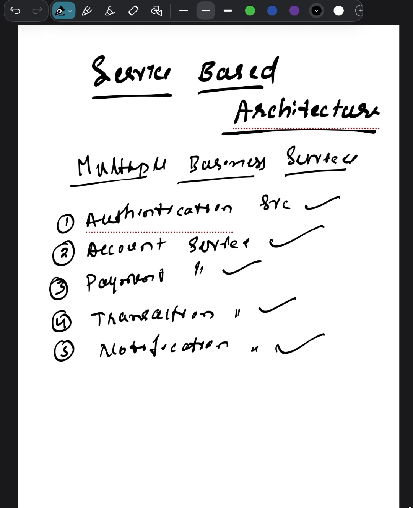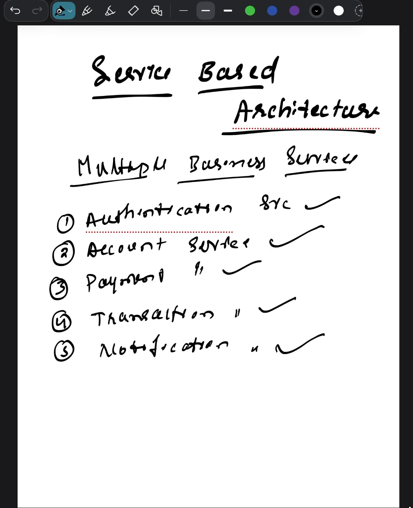And the service-based architecture offers service communications through APIs or lightweight messaging. If there is a communication needed between two services, authentication or accounts, accounts or payments, payments or transactions, right? Then that happens through APIs, dedicated public APIs.